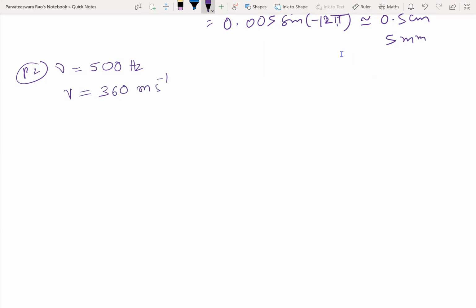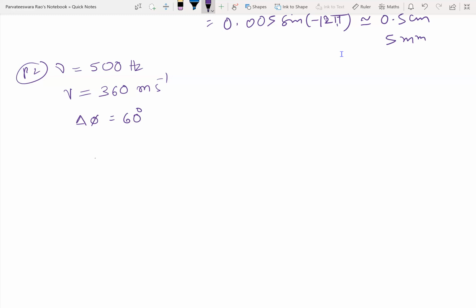How far apart are two points 60 degrees out of phase?